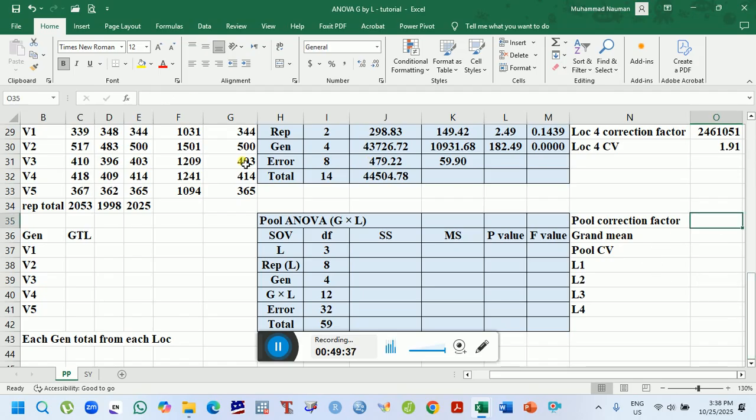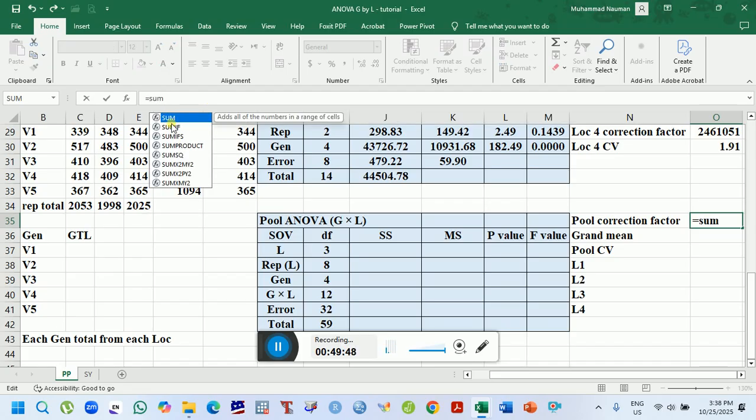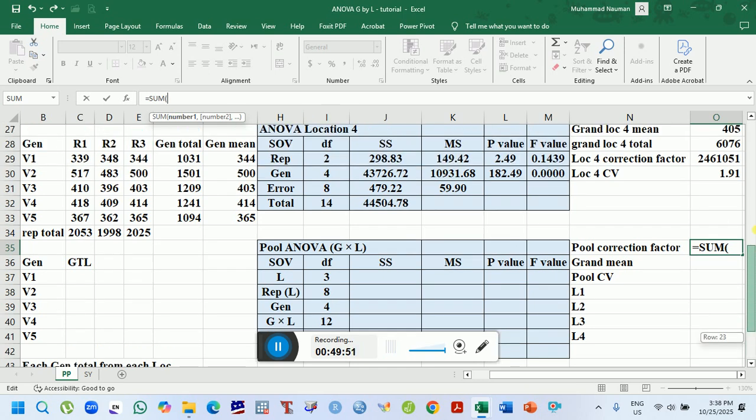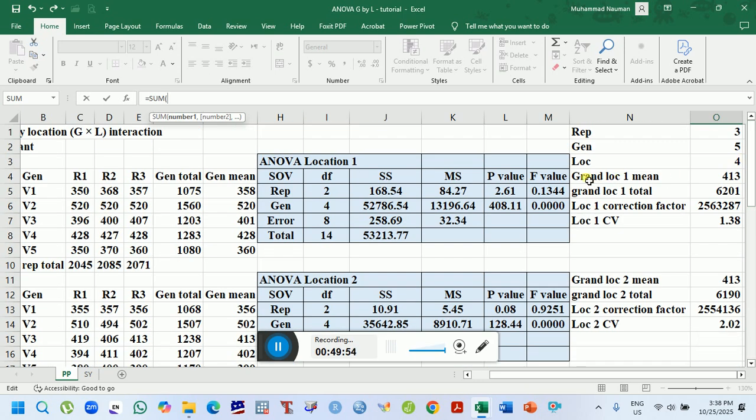Place the formula in this cell and let's start. Is equal to SUM. Double click on sum. Go up. Location 1 total, and comma.